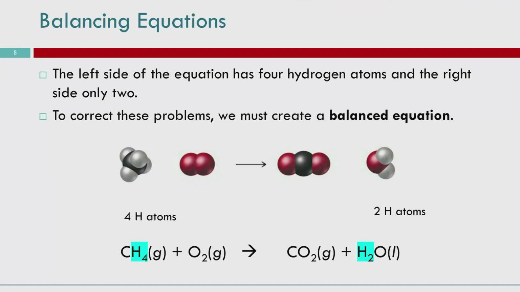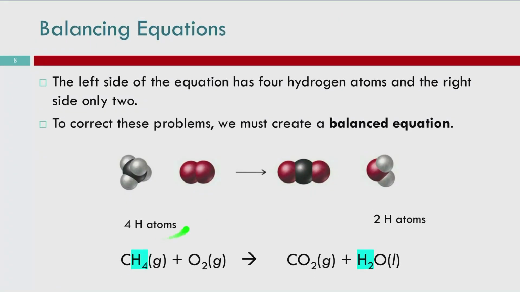We also have a problem with our hydrogen. We've got four hydrogen atoms on the left side and two hydrogen atoms on the right side. This is not allowed. This is illegal. We need to have balanced numbers of each of our elements on both sides. So we need a balanced equation.